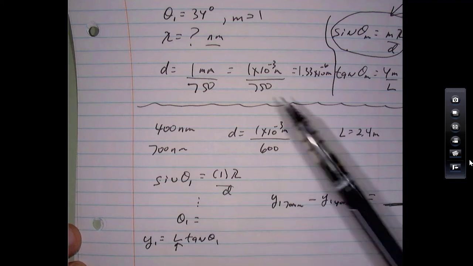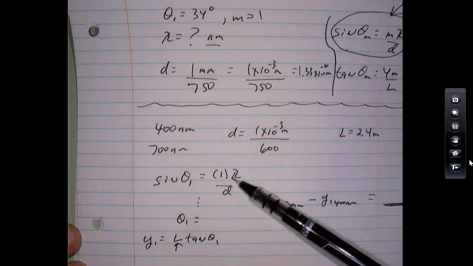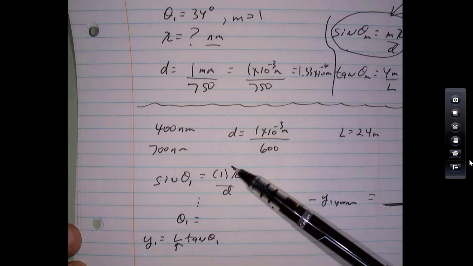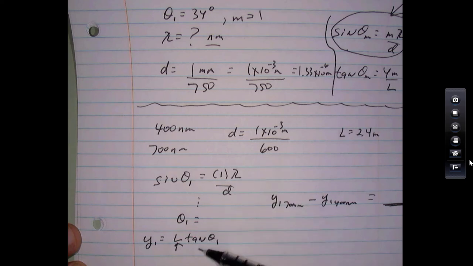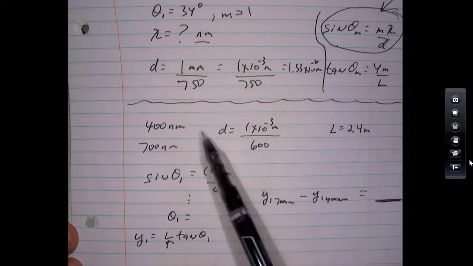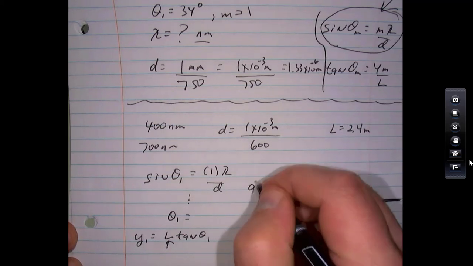There are two different wavelengths, so do this for the 400 nanometer wavelength to get y1, then the same procedure for the 700, and then take the 700 minus the 400 to get the separation between these different wavelengths. So that's the first part.